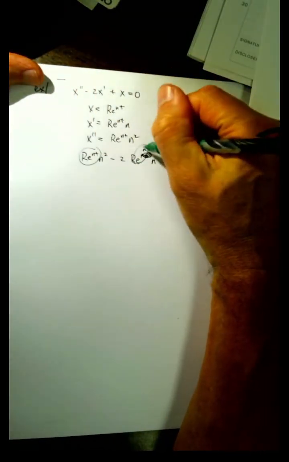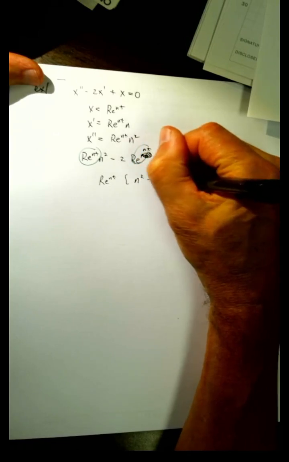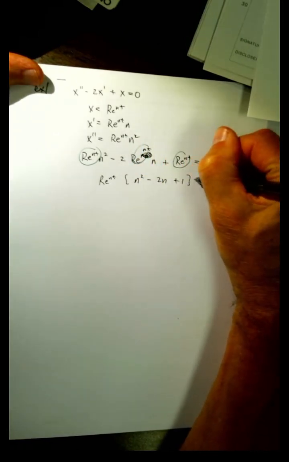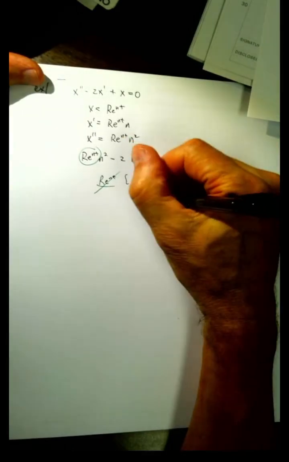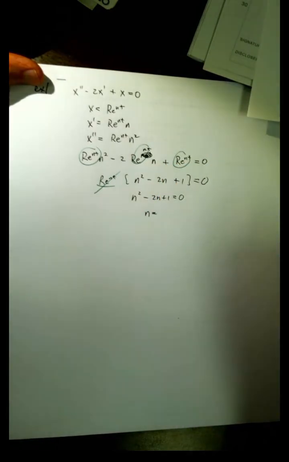I can factor out an re to the nt from every term. So I get n squared minus 2n plus 1 is 0. I don't want r to be 0, so I can factor that out or ignore that, which implies that n squared minus 2n plus 1 is 0. And now I'm just going to use the quadratic equation.